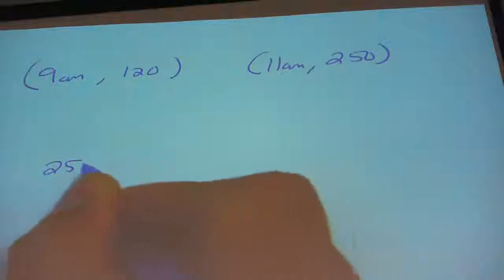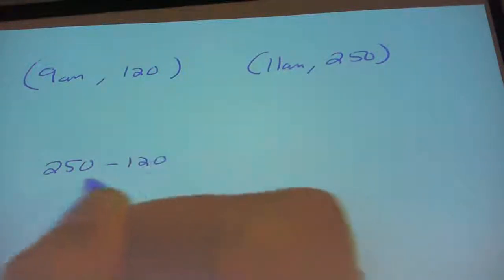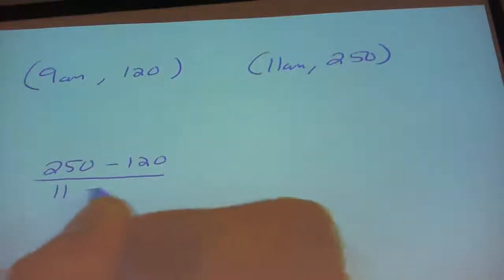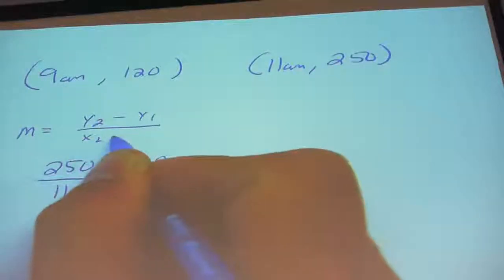Okay? And I want to find the average rate of change. And what they did was 250 minus 120 over 11 minus 9. Let me stop there. Does this look familiar to anybody? Yeah. What is that? Slope, right? M equals y2 minus y1 over x2 minus x1.